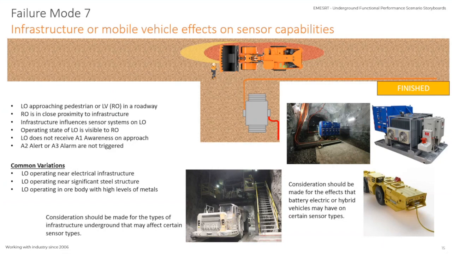And then we've got the new one, which we're really interested to see how it progresses. There's not a lot of data on it, and that's our battery electric or hybrid vehicles. So how is technology going to work and perform on our battery electric vehicles in particular? A lot of people are keeping a close eye on this one, because with battery electric, you potentially lose one of your sensors because you've now lost your hearing.